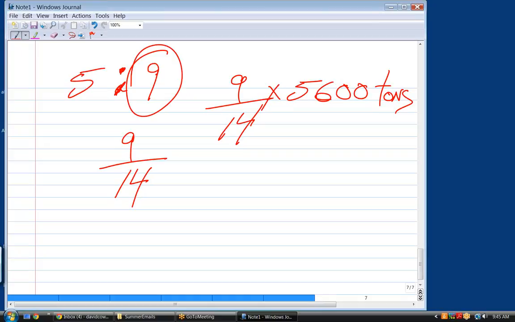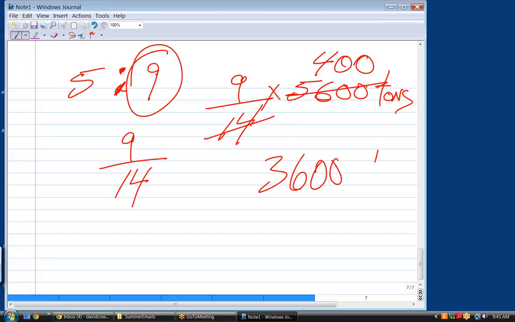And again, they make it so you don't really need a calculator. 14 goes into 56 4 times precisely. So I can cross that off, cross that off. Now multiply 9 times 4, 3,600 tons.